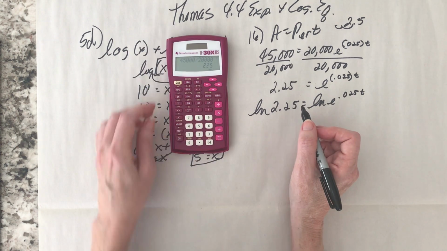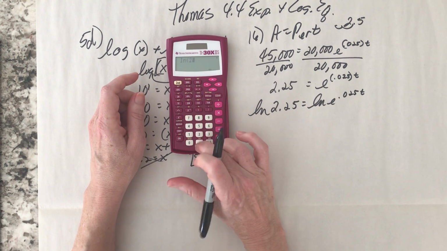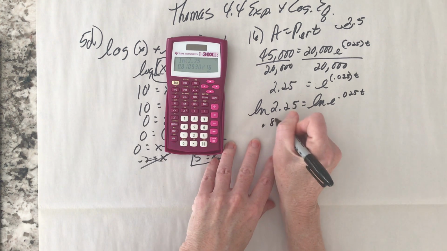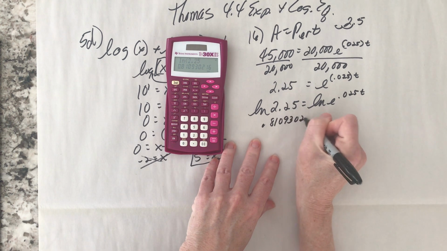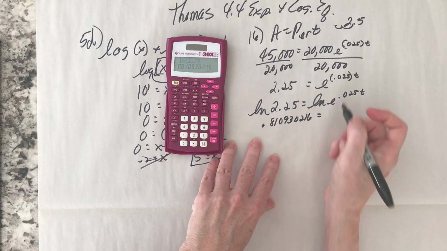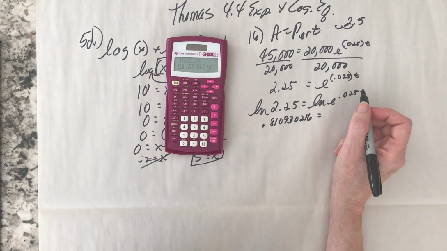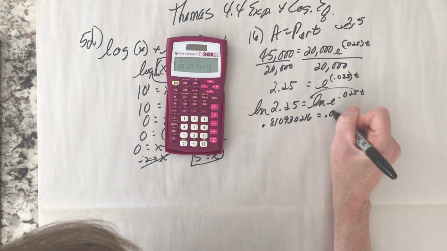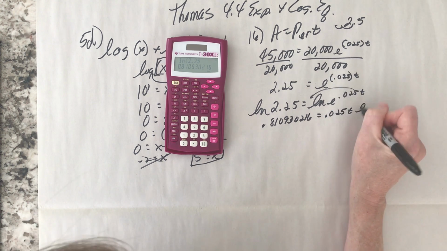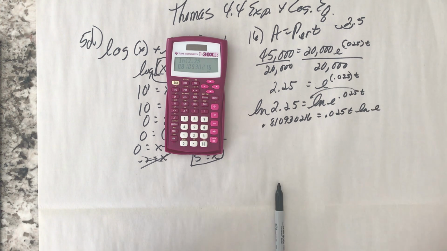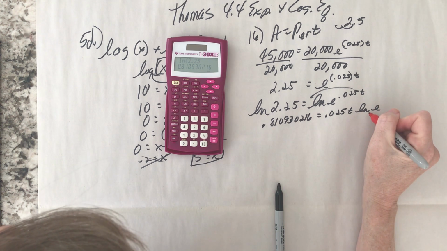Natural log of 2.25 equals, and I'm getting 0.810930216, and there's more to it, it's just not written in my calculator, equals, let's send this piece to the front, 0.025t times the natural log of e. This piece right here is one of our easy ones. It's one of our cute things we learned.